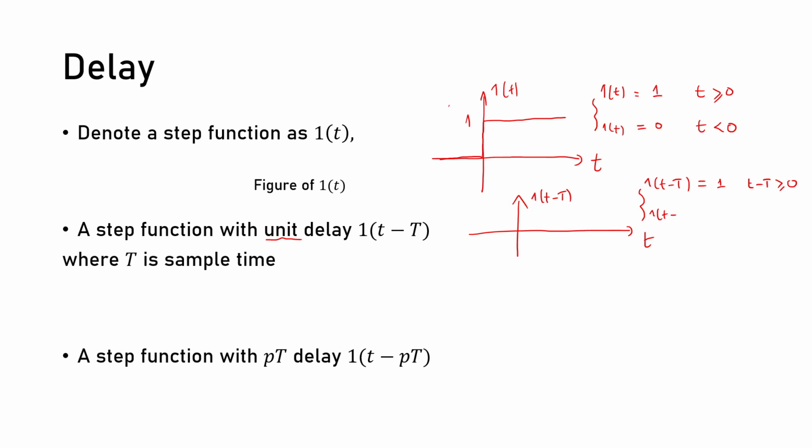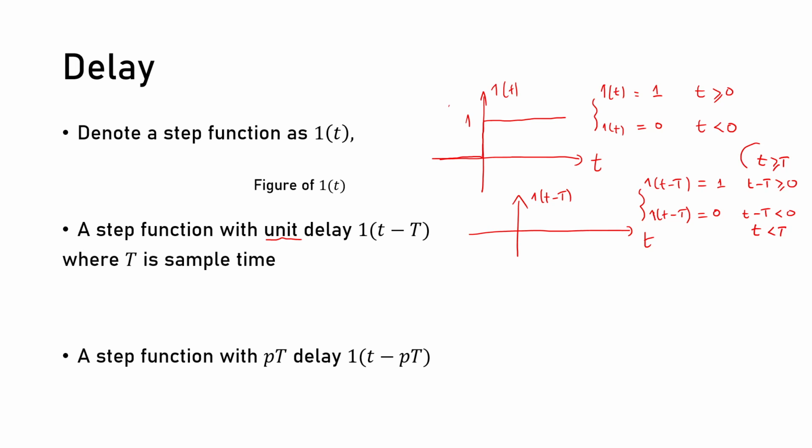And 1 of t minus capital T equals 0 when t minus capital T is less than 0. This means when t is greater than or equal to capital T. This one I can write like this.